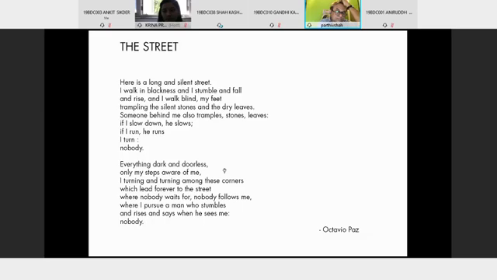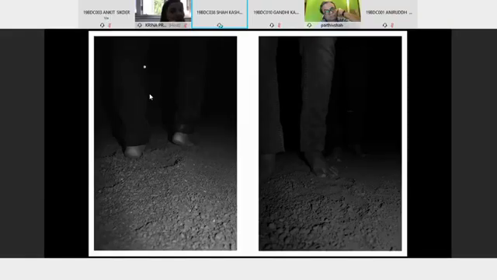Here is a long and silent street. I walk in blackness, and I stumble and fall and rise, and I walk blind. My feet trampling the silent stones and dry leaves. Someone behind tramples stones, leaves. If I slow down, he slows.